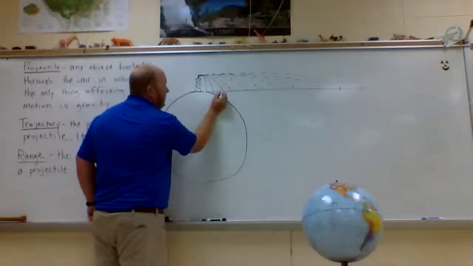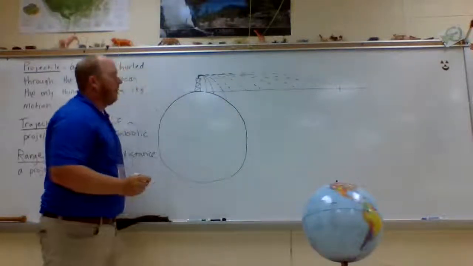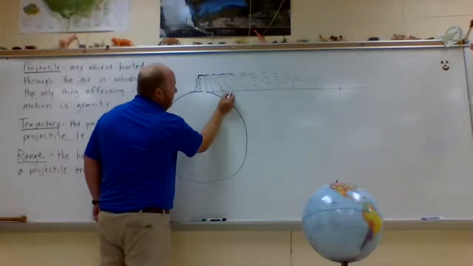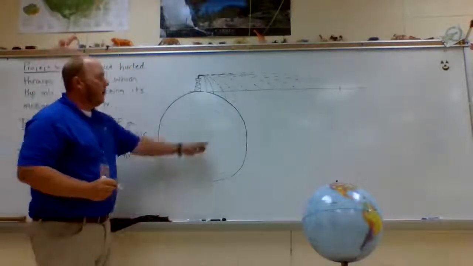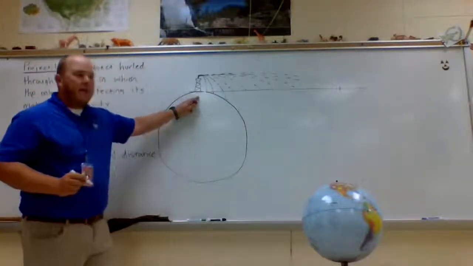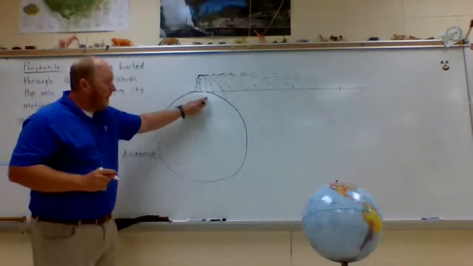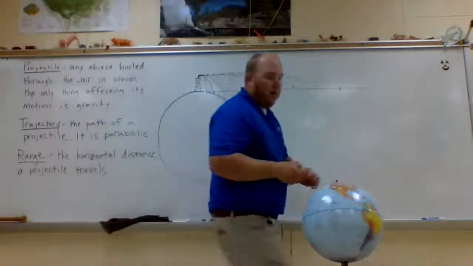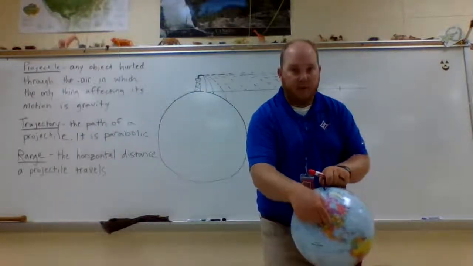This one travels an even longer distance to get there. This one, if we continue the parabolic curve, travels right here, so it hits over here. So it's almost like you were standing at the North Pole and you fired your gun south, and it hits down here somewhere around the United States because the Earth drops off. Okay?